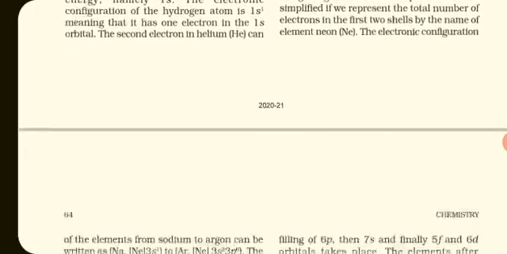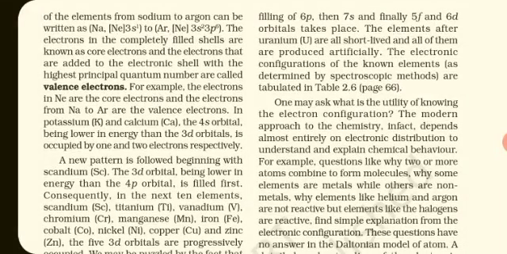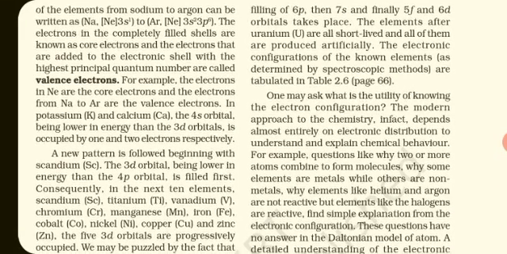Then the electronic configuration of the elements from sodium to argon can be written as: for sodium, Na, [Ne] 3s1. So Ne contains 1s2, 2s2, 2p6. To argon, Ne means 10 electrons, that is 1s2, 2s2, 2p6, and then 3s2, 3p6.